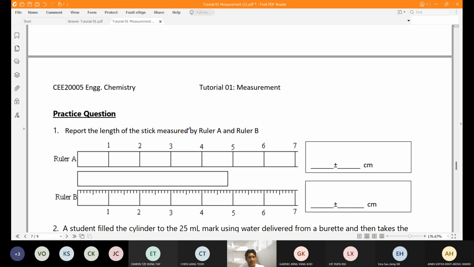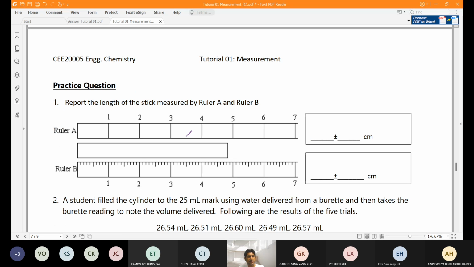All right, so the practice question now. Most of the time in other tutorials, there will be worked out examples and some practice questions. Today is different, because in the first tutorial I also wanted to inform you about the way we will prepare our lab report.